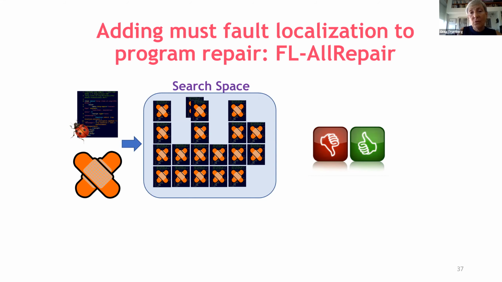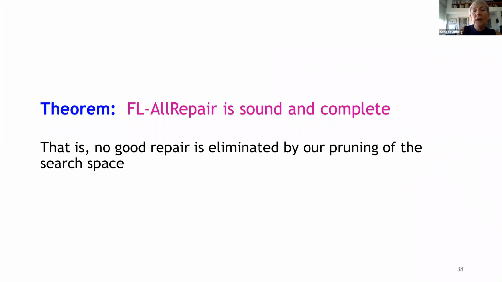And as before, if we get a good one, then we reduce the search space by removing by minimality. We have a theorem that says that our fault localization in AllRepair is sound and complete in the sense that when it does its pruning, it never eliminates a successful repair. So we are not going to lose any successful repair.